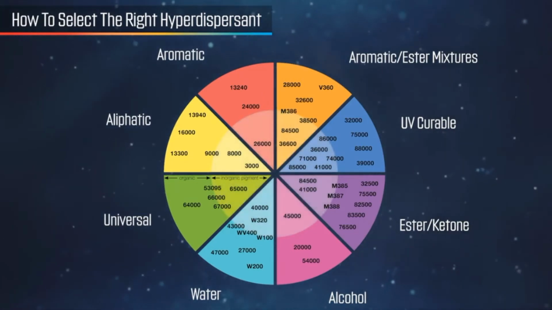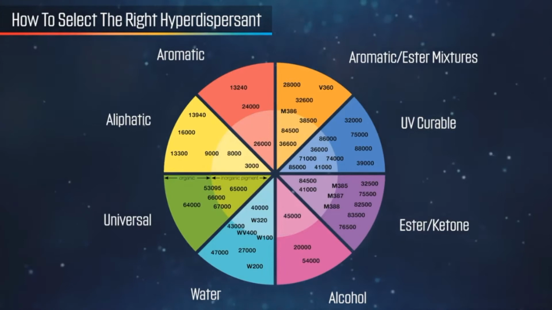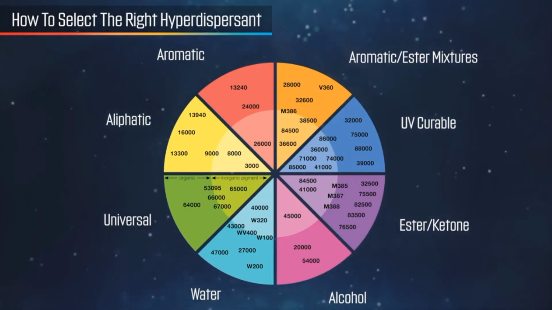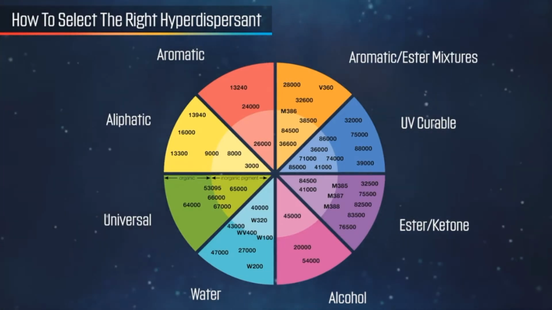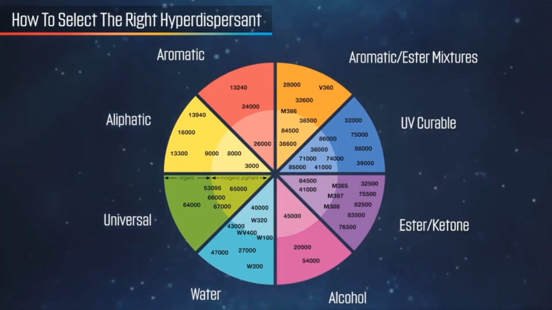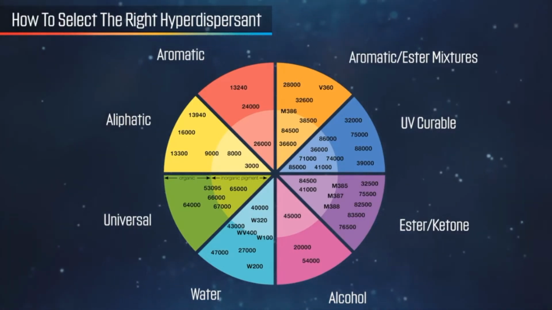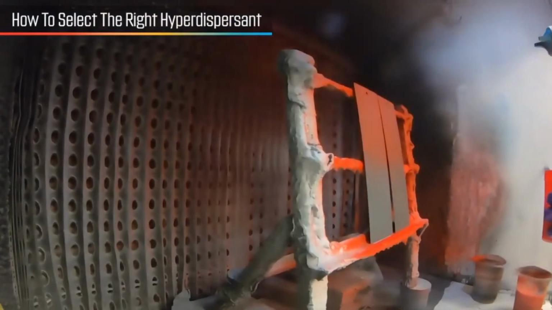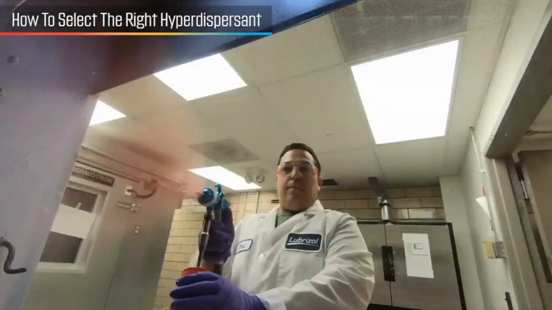The second factor to consider is the system. The dispersant must be soluble and compatible with the solvent and resin system to get a good, stable dispersion. This is represented by each section of the wheel. The third factor which influences dispersant choice are the application and processing conditions.